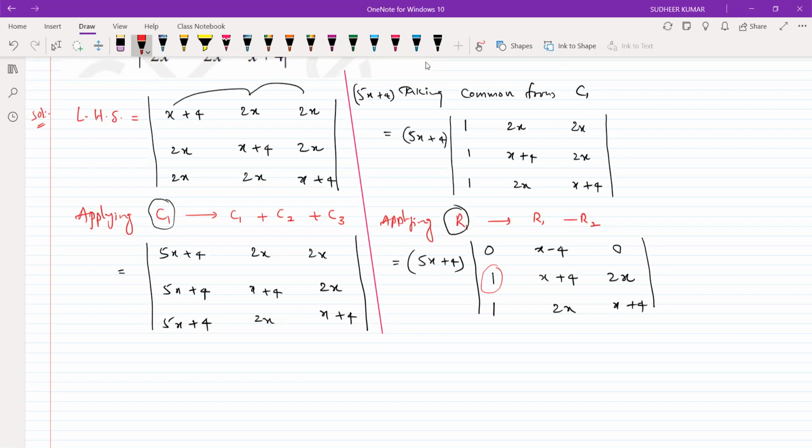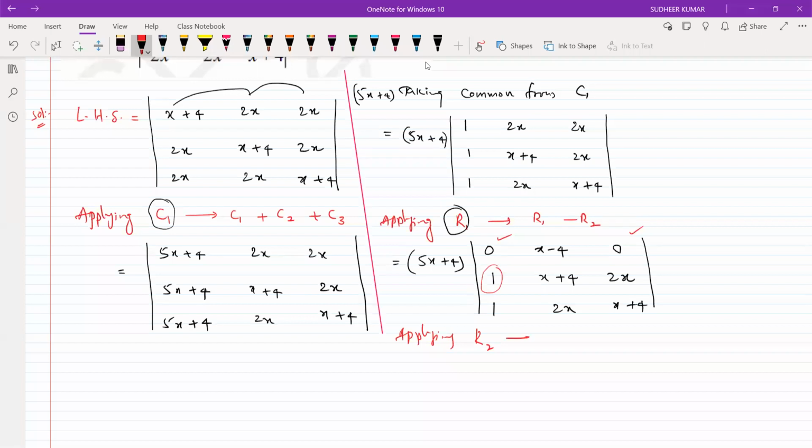Here also we can do it. x minus 4 into the other value you will get. Simplification, we can still make it easy. Because utmost number of zeros we got here is enough, but if possible, we can still make it into the simplest form.